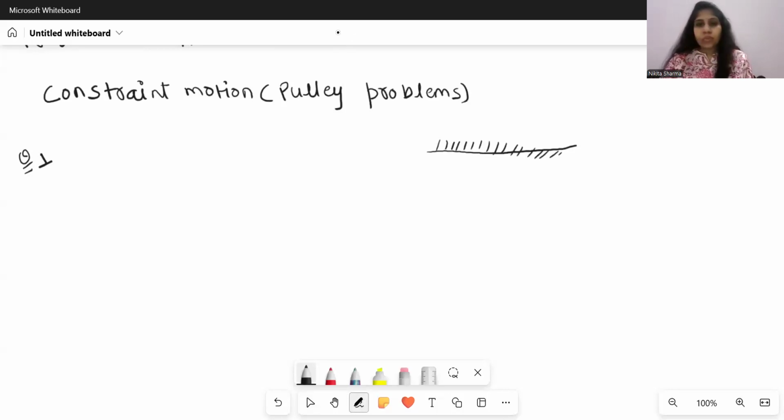And pulley number one is here. Pulley number two is here. It's connected this way.